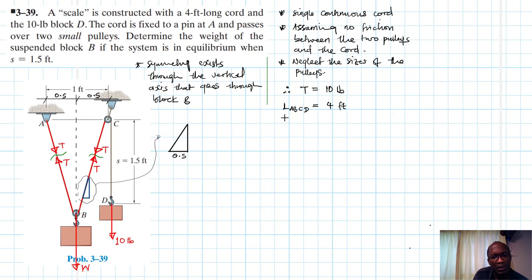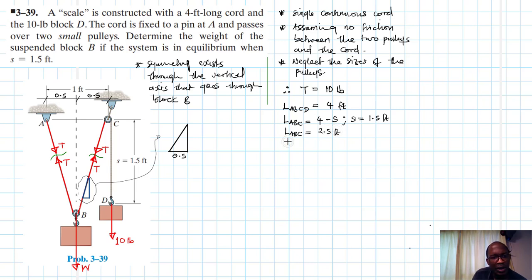So length ABC will therefore be equal to 4 feet minus S. And we know that S is equal to 1.5 feet. Therefore, LABC is going to be equal to, when we do the subtraction, 2.5 feet.